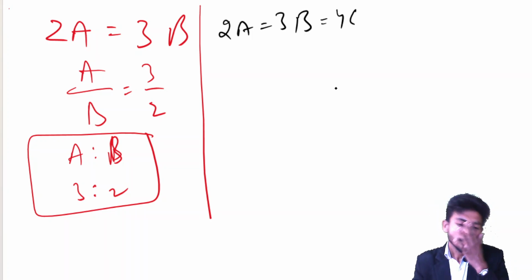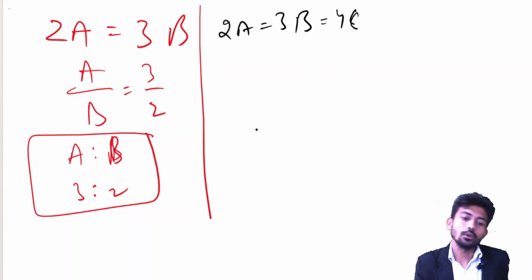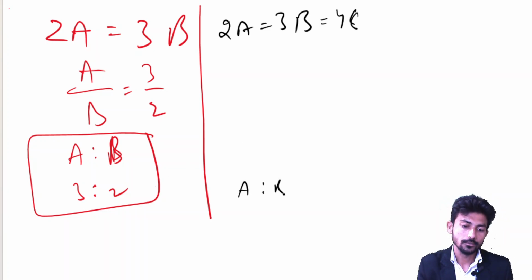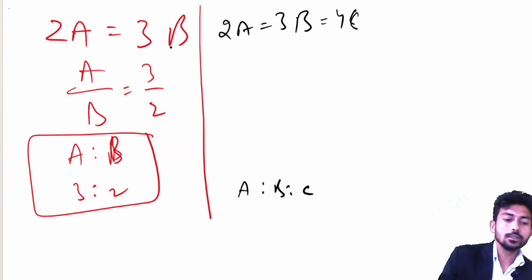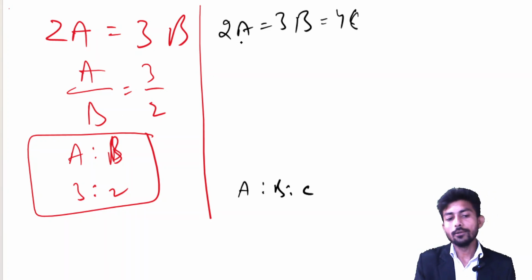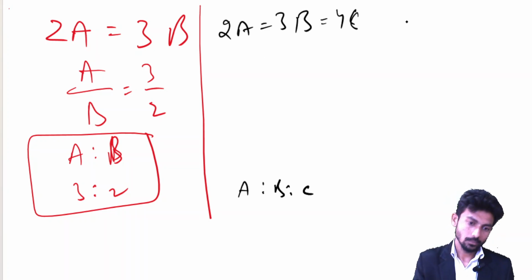Now for this case also we need to find the ratio of a, b and c. While for two variables or two terms it was a bit easier, for three parts it becomes more complex or slightly more difficult. So how can we do this?